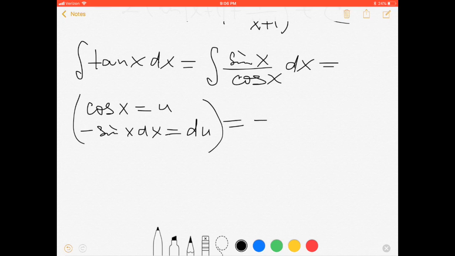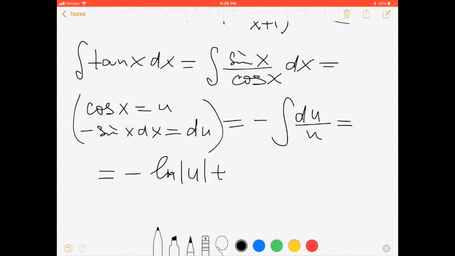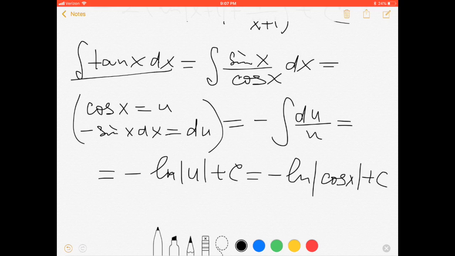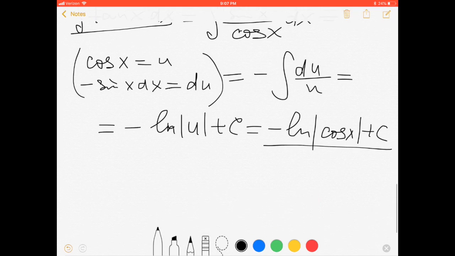Now I have minus the integral of du over u, which gives me minus natural logarithm of the absolute value of u plus c, or minus natural log absolute value of cosine x plus c. See, we proved a formula: the integral of tangent x equals this kind of function.